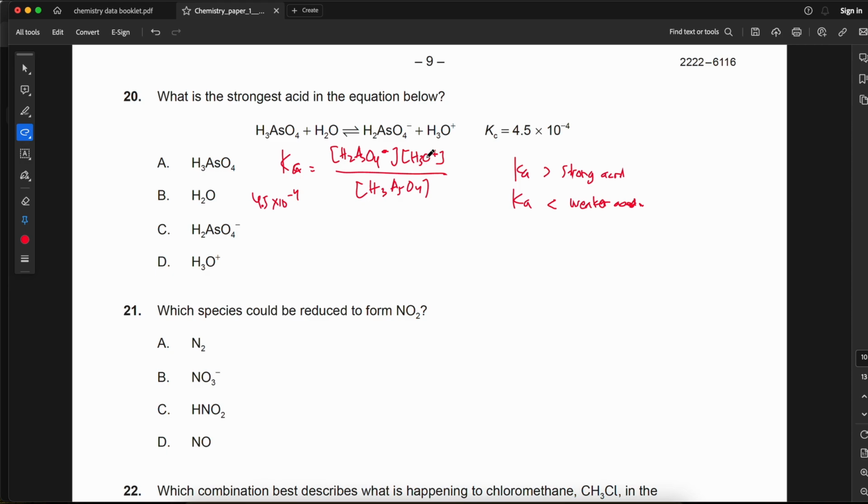As you can see, the concentration of H3O plus is in the numerator, indicating that a higher concentration of H3O plus corresponds to a larger Ka, meaning a stronger acid. In the equation, H3O plus is produced in the dissociation of H3AsO4. Thus, we can say that H3O plus is the strongest acid.